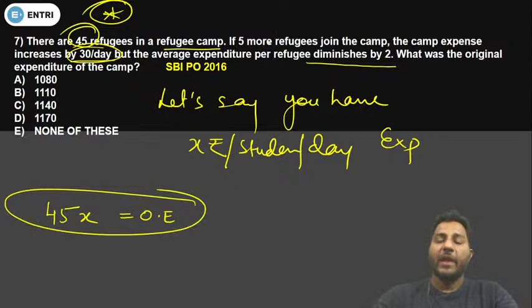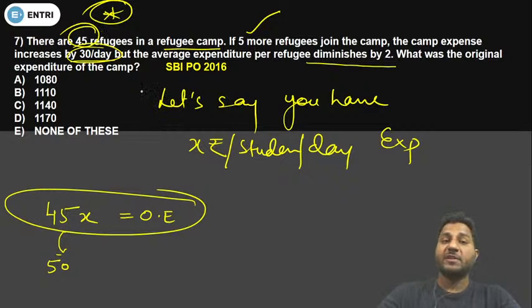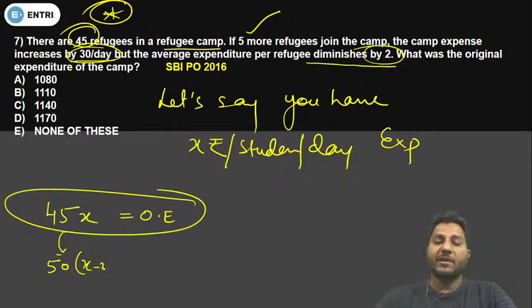Now if 5 more refugees have been added, reaching 50, then the overall expenditure will be increased by 30. But remember, if the overall expenditure has increased, then the average expenditure has diminished. That means this x will be reduced to x minus 2.